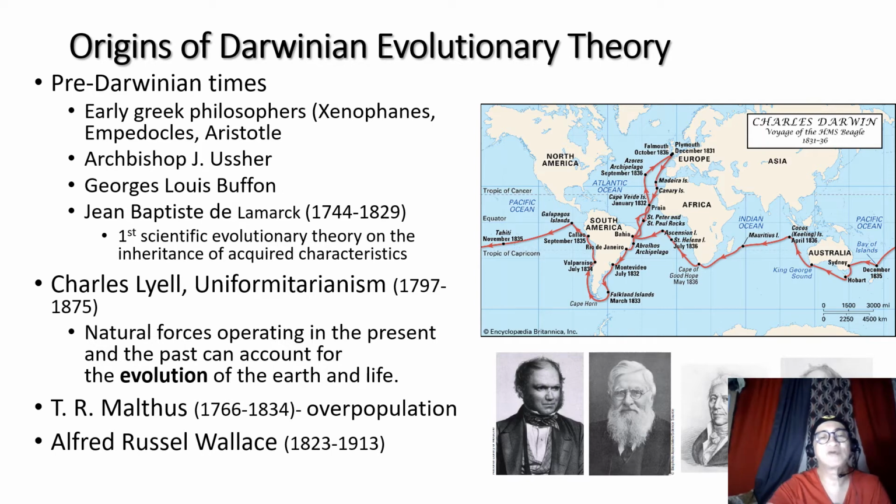Darwin's most important motivation, however, to write about his evolutionary theory was his own experience, 5 years of observation of the natural world and his massive collections of biological specimens collected from his 5-year trip all over the world.